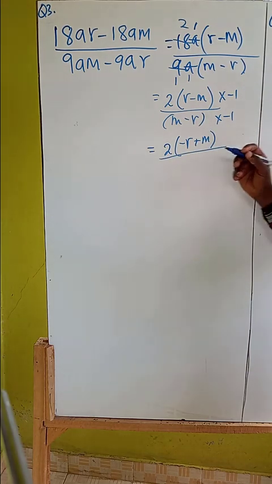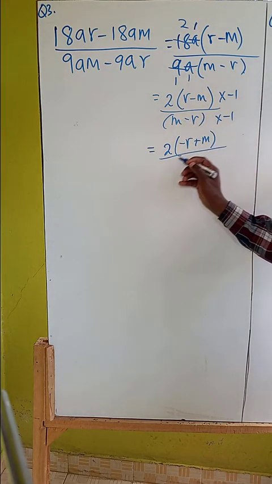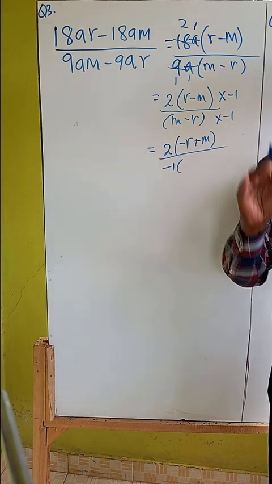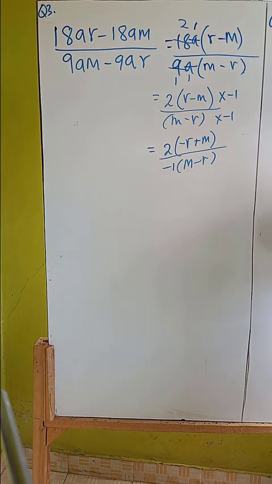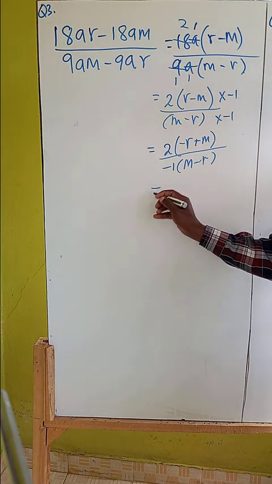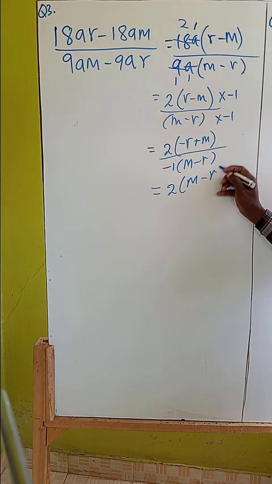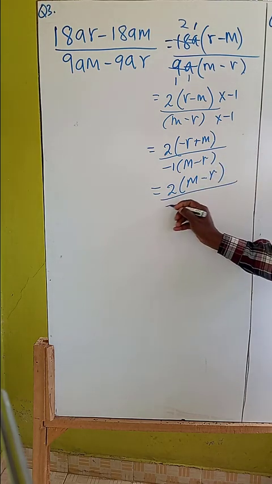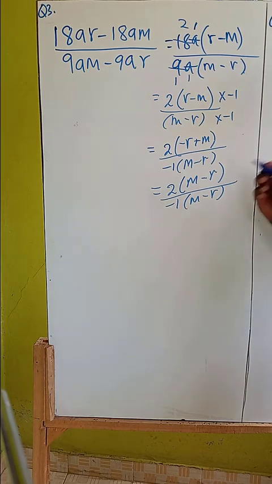However, on the denominator, we may opt to have the -1 not being put inside the brackets so that we have M minus R. So at this level, we can reorganize the numerator so that we get 2 into, we start with a positive, M minus R. And then on the denominator, we shall have -1 into M minus R. At this level, this factor can divide out 1, 1.